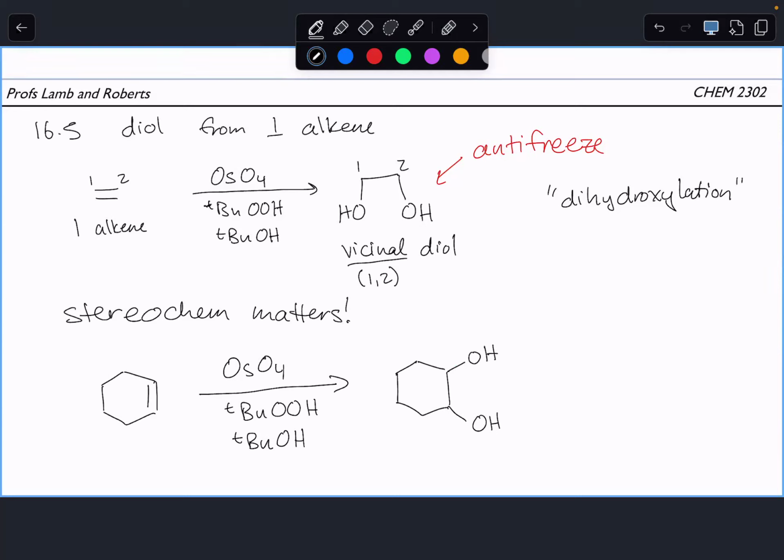But this is not fully correct because stereochemistry matters, because this reaction does a syn addition. So they should both be on the same side of the molecule.